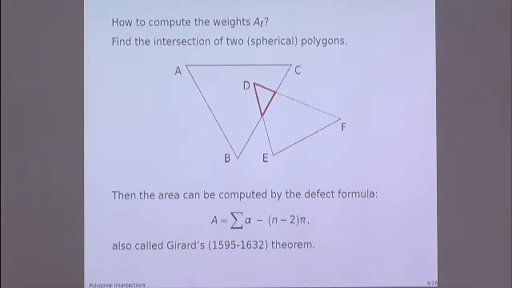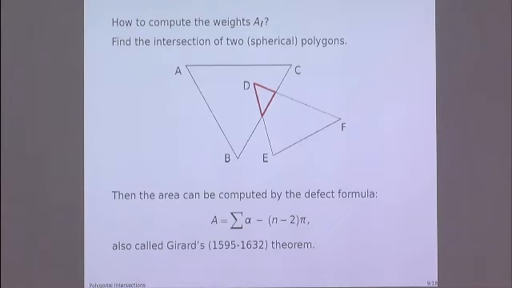Okay. Now, the problem that remains is how to compute exactly this weight AL to ensure that the sum is equal to the area of the initial element. So the problem basically is to compute the intersections of two polygons, or two spherical polygons, but it's not really more complex to be on the sphere than on the plane.